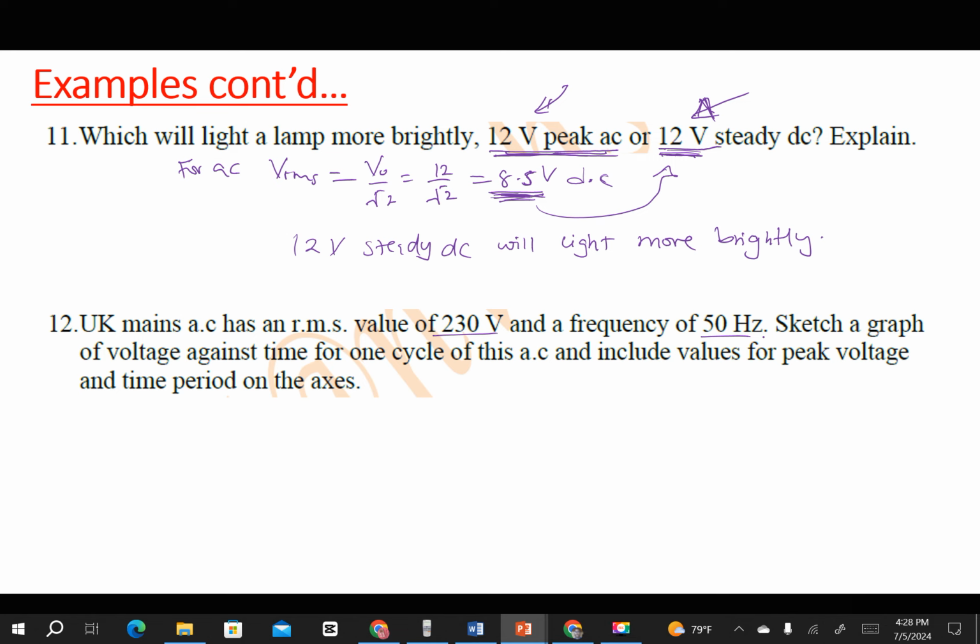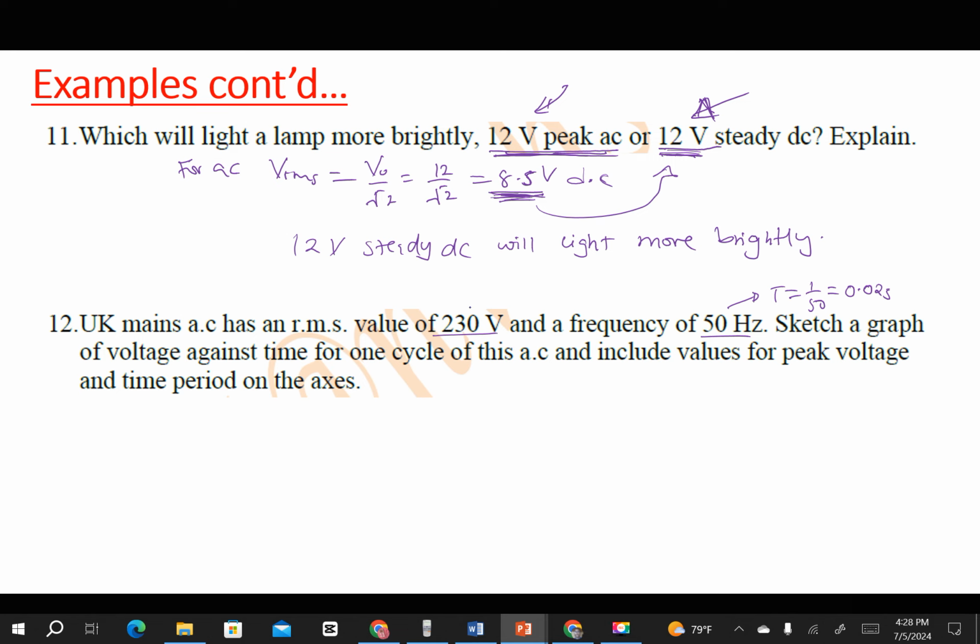Since they have given us the frequency, the period for one cycle is going to be 1 over 50, which is 0.02 seconds.